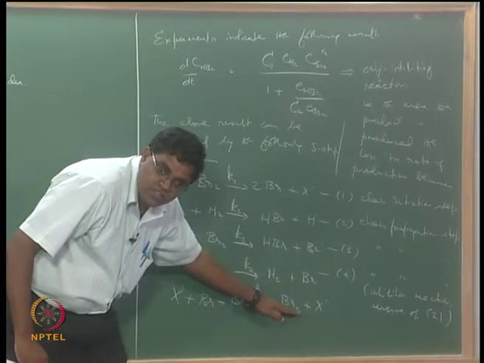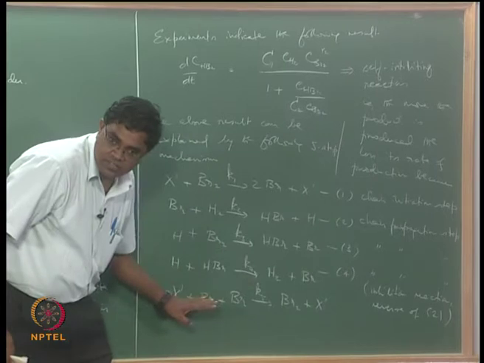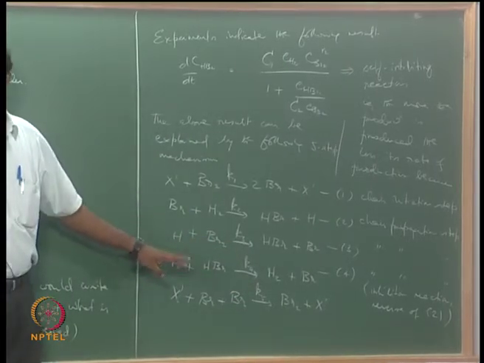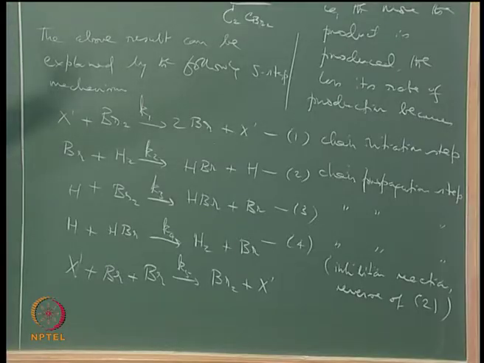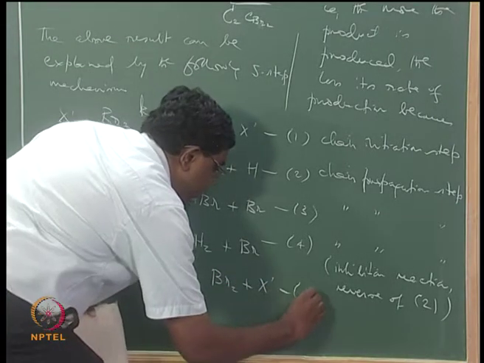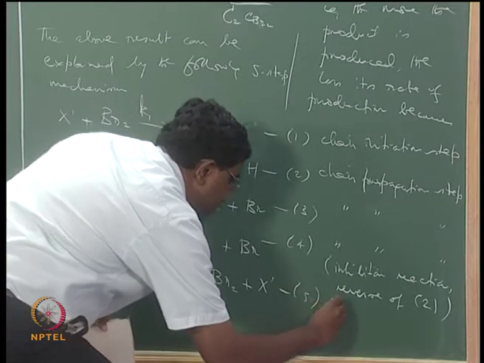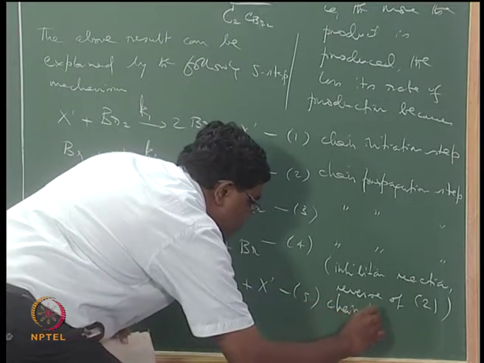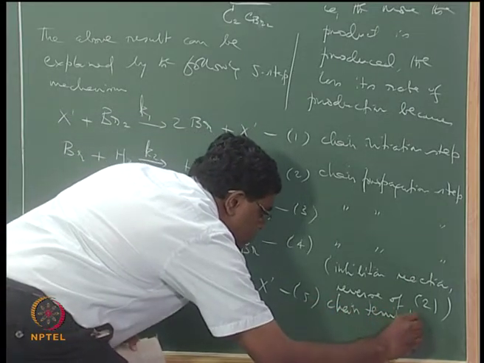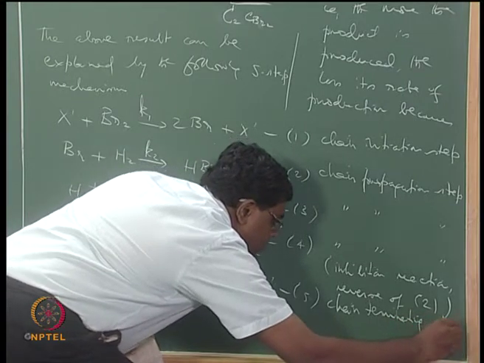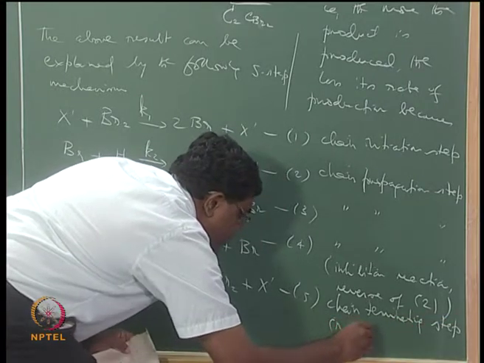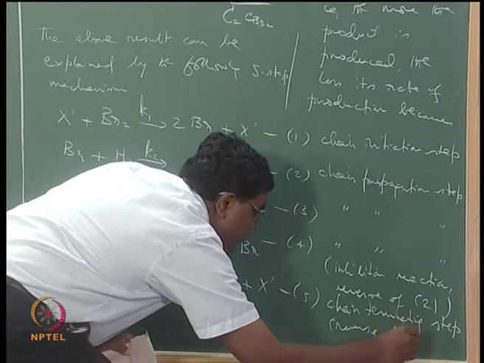The stable species, so we are actually killing the intermediates, but this way of killing intermediates is to actually produce back the stable reactant. Yeah, so this is a chain terminating step, and it's a reverse of 1.